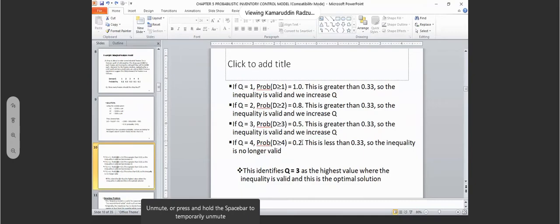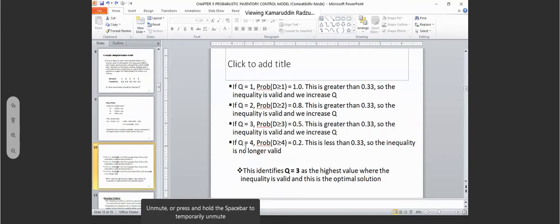And we stop analyzing the inequality when the probability of demand is less than the general rule of marginal analysis.